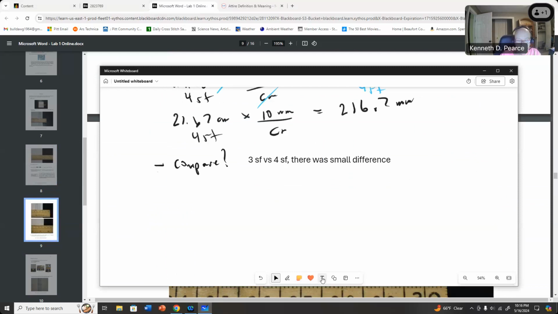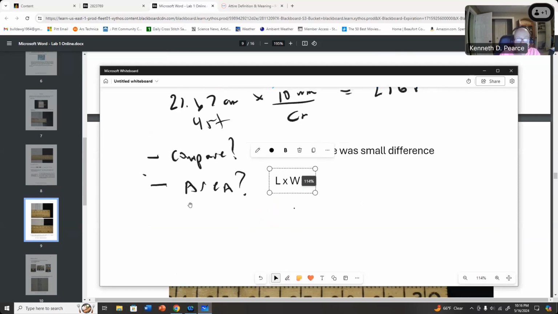Length times width. And so the last thing that section A says is what's the area? It's length times width, like you said. So it's helpful if you can go length times width, and then we say, well, the long side was what?